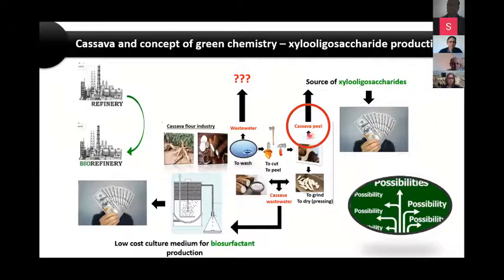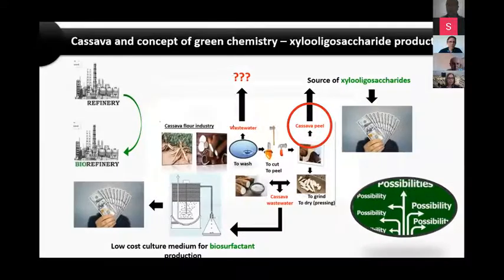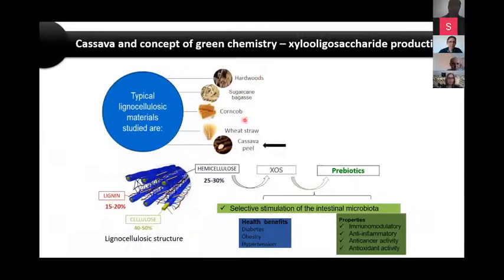The second one is cassava peel, which can be used as a source of xylooligosaccharides, or XOS. Basically these come from lignocellulosic materials, for instance sugarcane bagasse, corn cob, wheat straw, and also cassava peel.